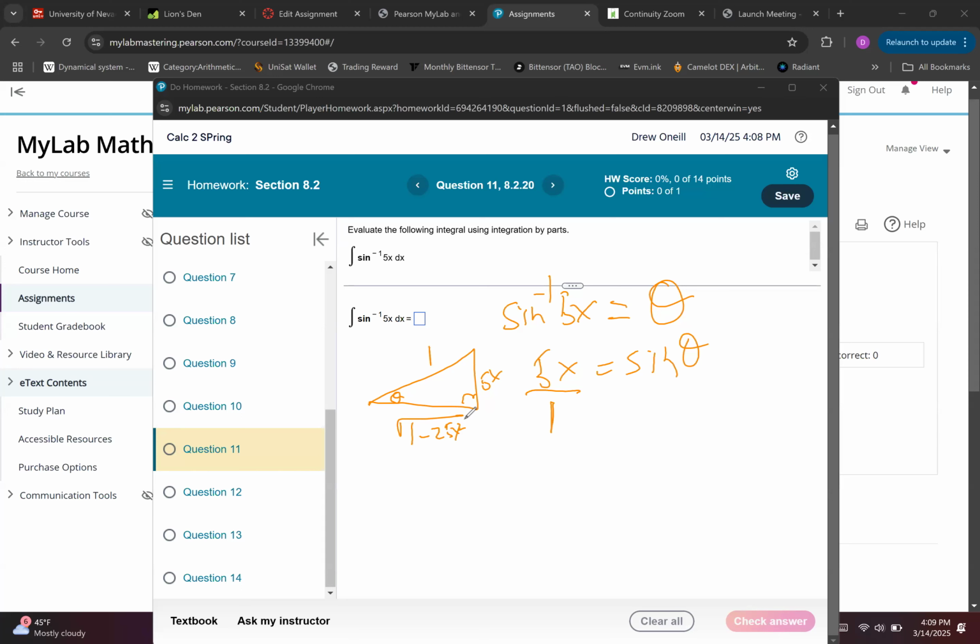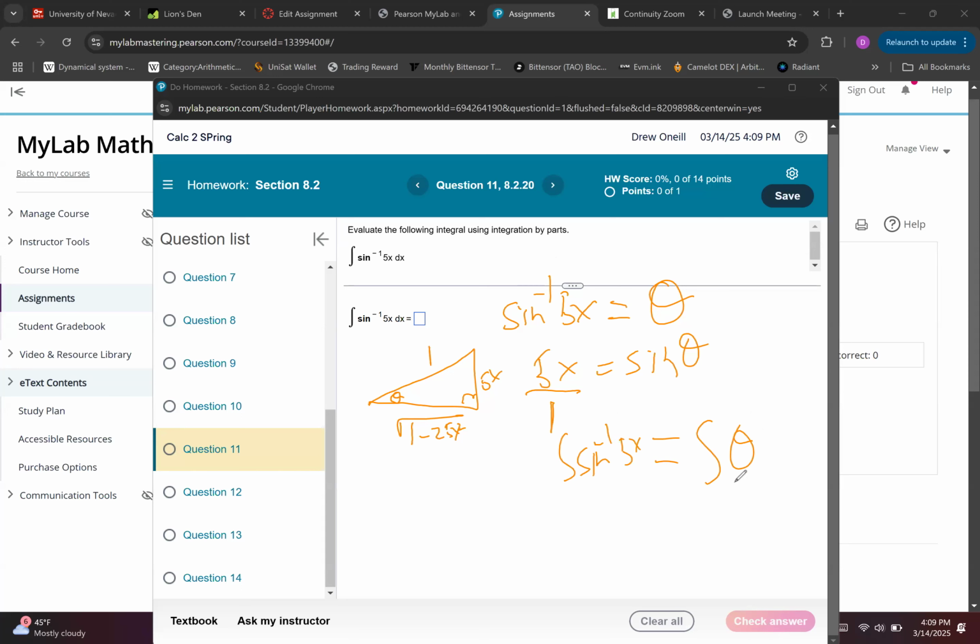What can we do? If we integrate theta, that's the same as integrating this, right? So let me write this. Integrate theta is the same, and this is the one we're trying to integrate. And according to Calc 1, right? What's the antiderivative of theta?